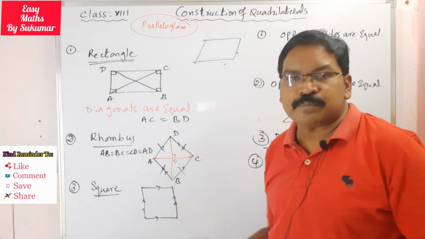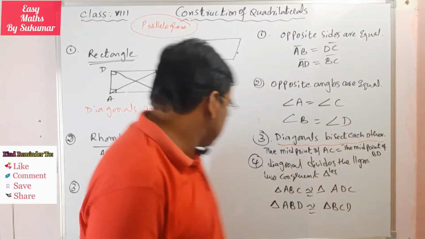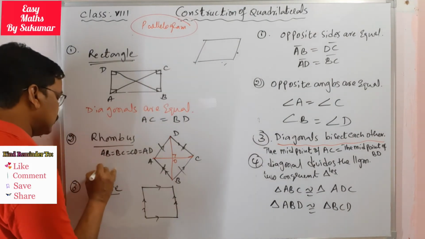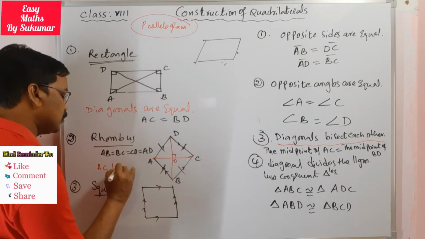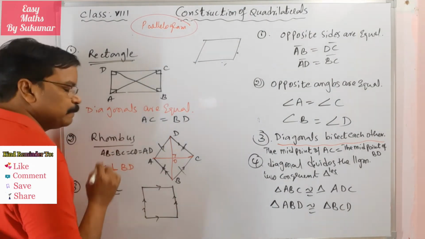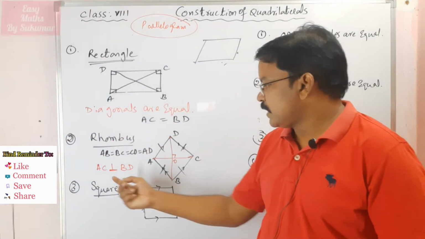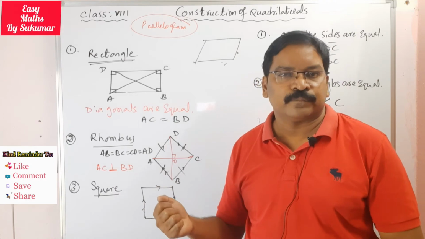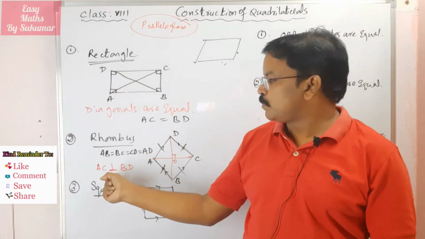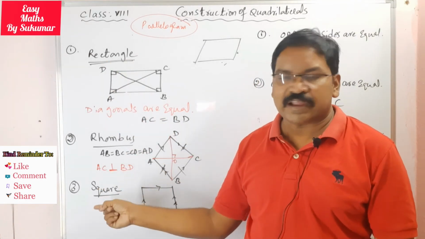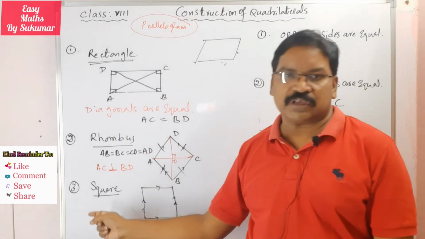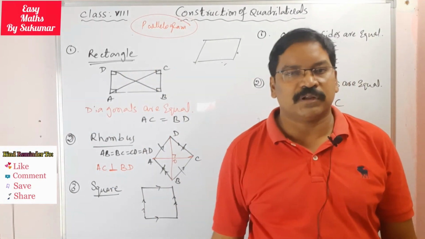That means AC is perpendicular to BD. Only the rhombus has this property. You cannot find it in a rectangle and square, or even in a parallelogram.